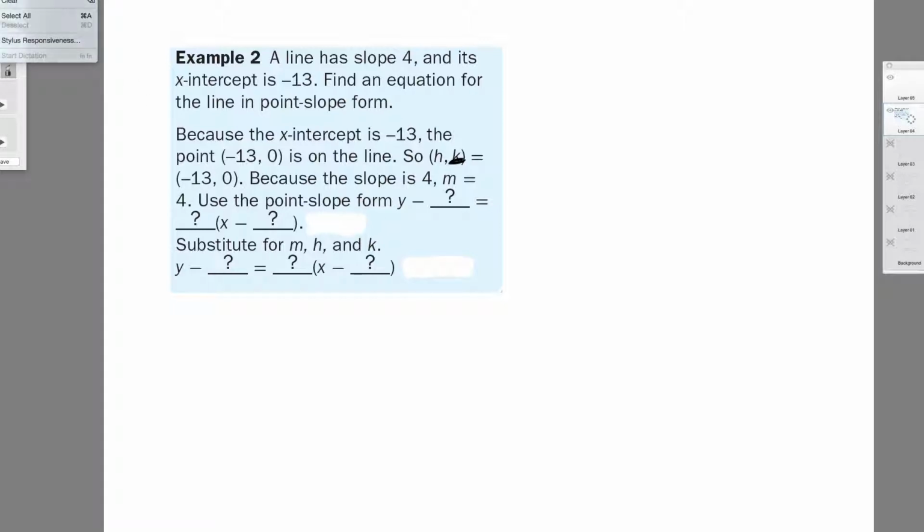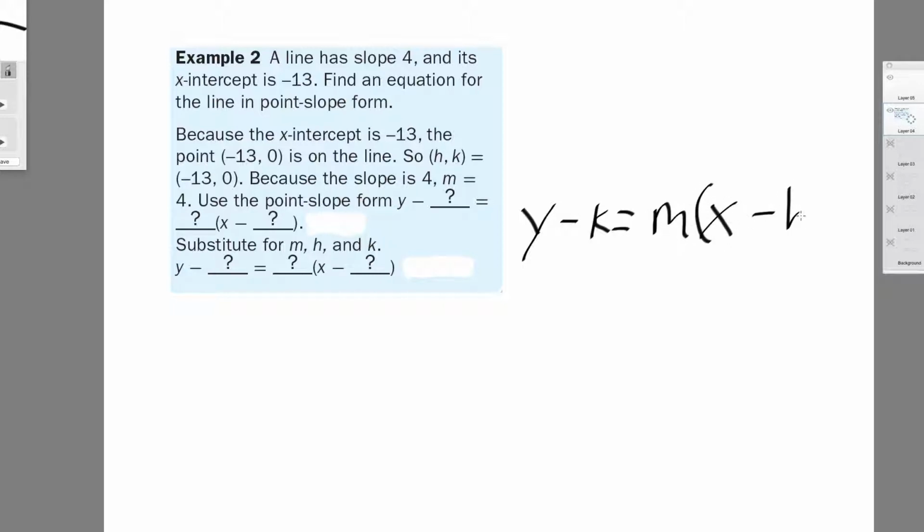And because the slope is 4, m equals 4, so using the point-slope form for the equation, we get y minus k equals the slope of the line, m, times x minus h. Now let's go ahead and substitute into this form.